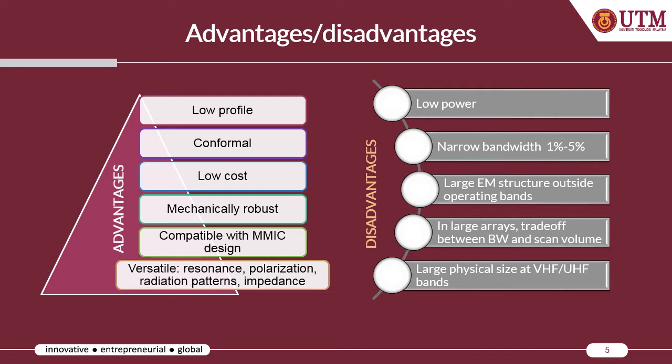Some of the disadvantages of microstrip patch antennas are low power, narrow bandwidth, and large EM structure outside operating bands.